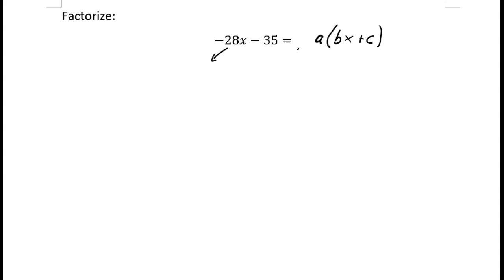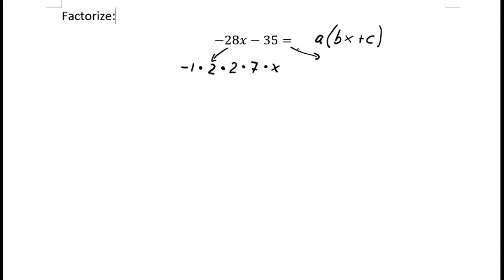So we can write negative 28 as minus 1 times, so 28 can be divided by 2, which leaves us with 14. 14 can also be divided by 2, which gives us 7. So we can write 28 as negative 1 times 2 times 2 times 7 times x. So that is this first term.